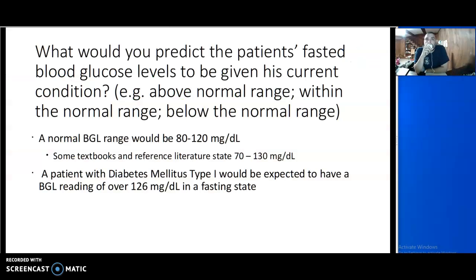So a normal blood glucose range is 80 to 120, although you will find some reference literature stating that the range is 70 to 130. Anywhere in either of those ranges is usually acceptable, unless you are looking for diabetes, which in pediatrics is going to be anything over 126 in a fasted state.